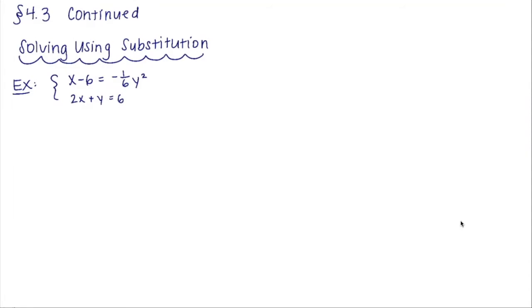So instead of rewriting our linear equation, I'm going to go ahead and rewrite our quadratic. And the reason why I'm looking at this one is because I also notice that x is all by itself. So I can rewrite this equation pretty easily by just adding 6 to both sides. So x equals negative 1/6 y squared plus 6.